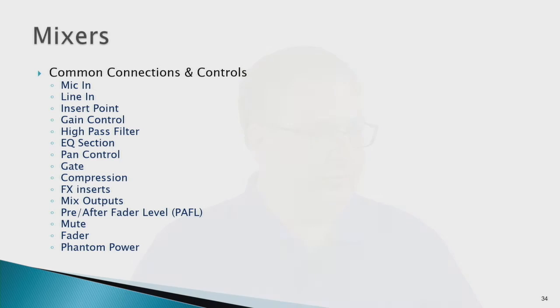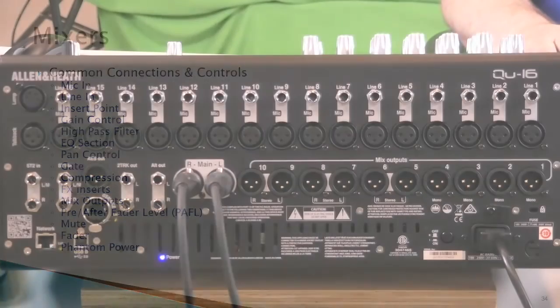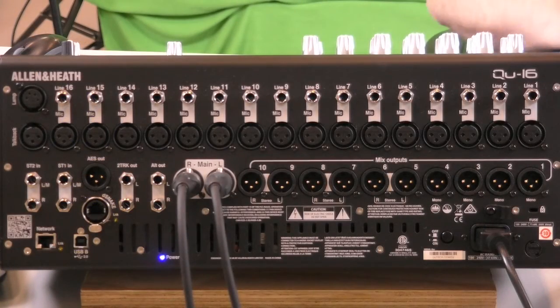So as an example, some of the similarities that you might see might have to do with the actual unit itself. On the back of it, you'll have microphone connections, you'll have line connections, mix outputs, maybe your main left and right as well. You might have some stereo outs, maybe some places to put other things like stereo inputs and so on and so forth.